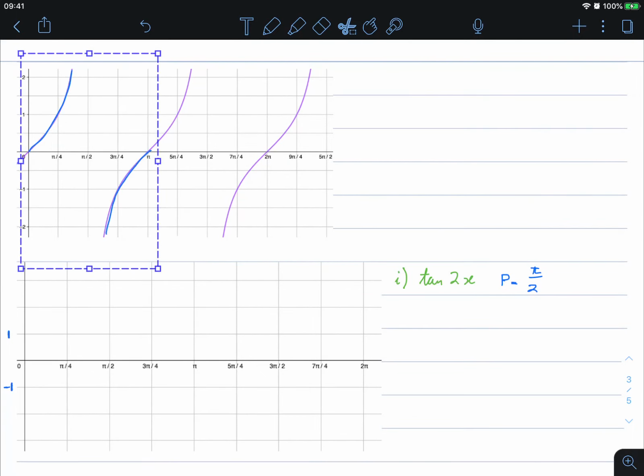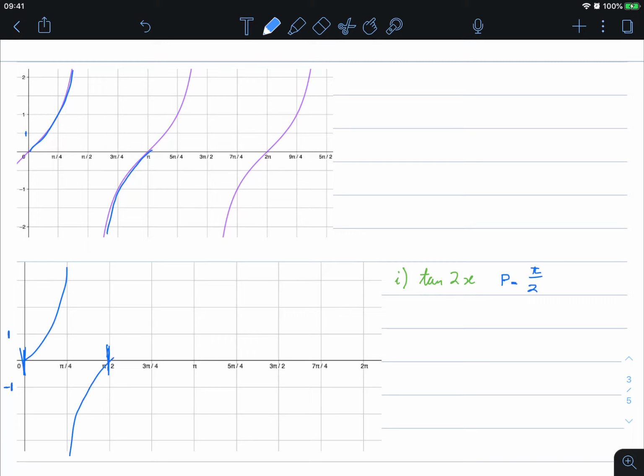But that cycle is between 0 and pi, but it's going to be squeezed in from 0 to pi on 2. So it'll look something like this. But let's be a little bit more accurate and find the critical points.